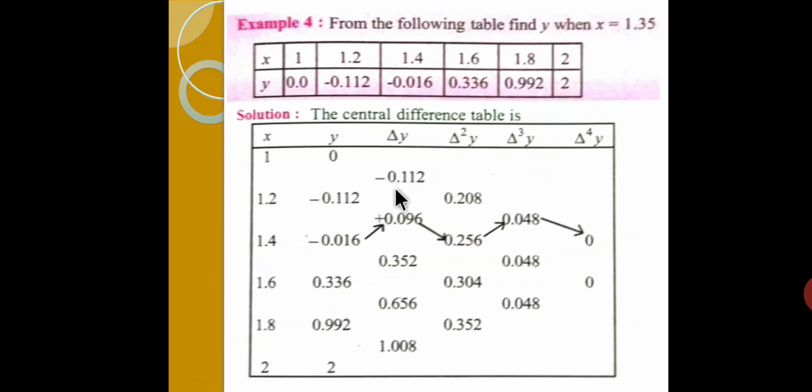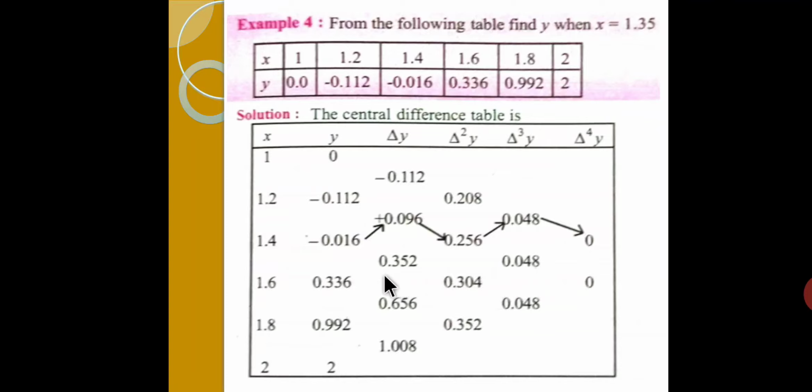The place values are delta y minus 2, delta y minus 1, delta y naught, delta y1, delta y2. Then delta square y minus 2, delta square y minus 1, delta square y naught, delta square y1. Then delta cube y minus 2, delta cube y minus 1, delta cube y naught, and the fourth difference values become 0.